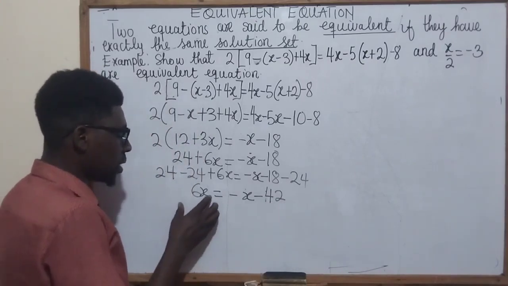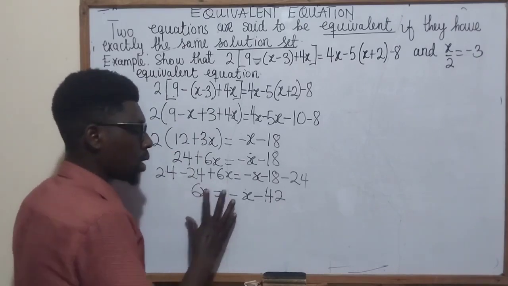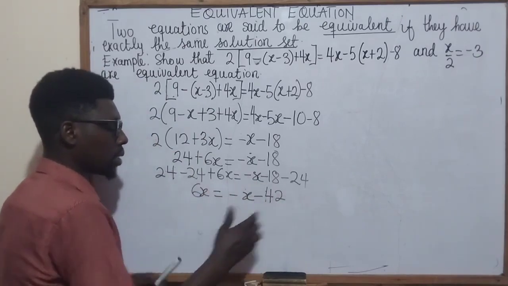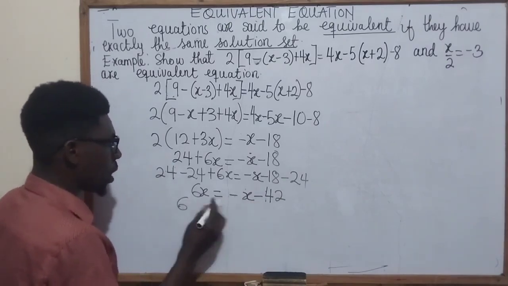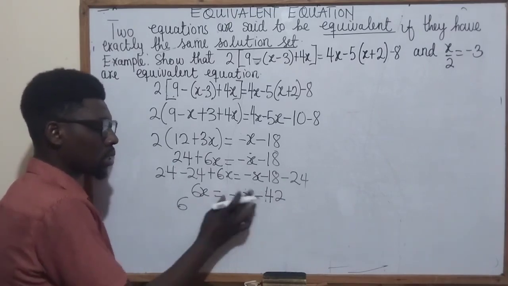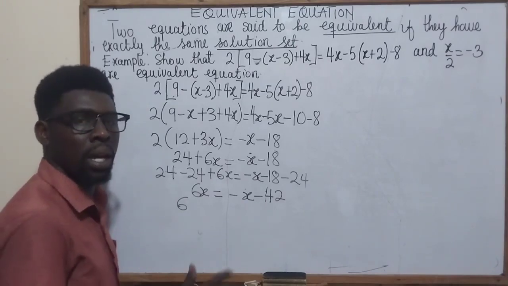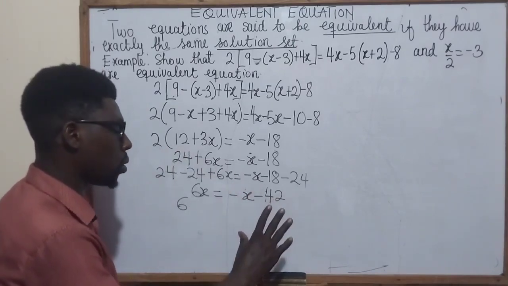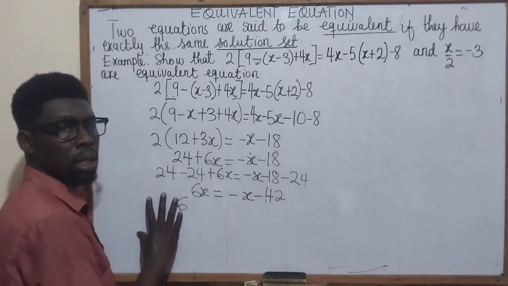Since I want x to stand alone here and the constant at my right hand side, I have to eliminate this negative x over here. Then I have to add x to cause this to be eliminated. So what I do is I use my addition property of equality. What I'm doing to the right hand side, I do the same to the left hand side.